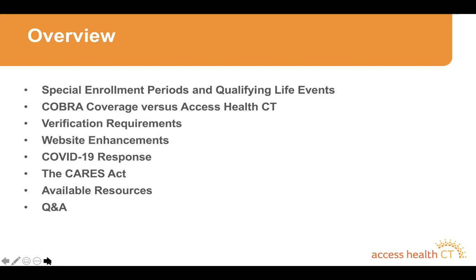So we're going to talk about traditional special enrollment and traditional qualifying life events a little bit later on. And we're going to talk a little bit about choices for many residents in our state who are having to figure out what to do with job loss and so forth, regarding whether or not to elect COBRA coverage or to look at a plan on the individual market. So we'll talk about that.